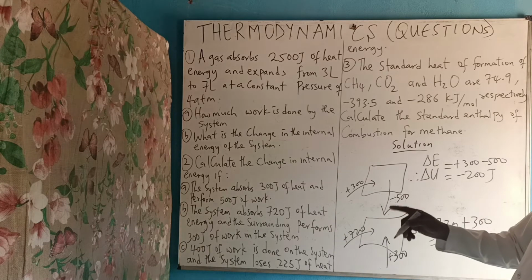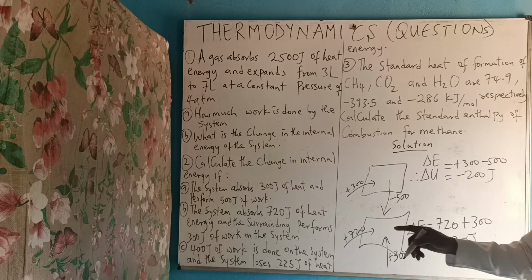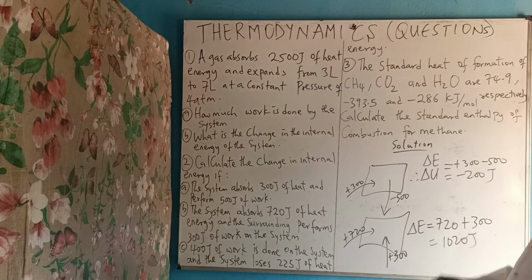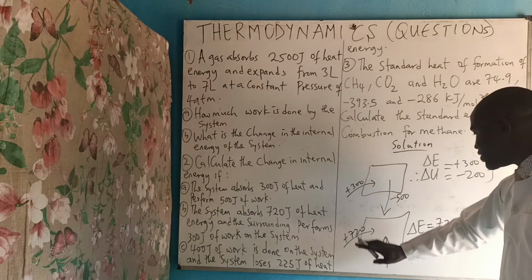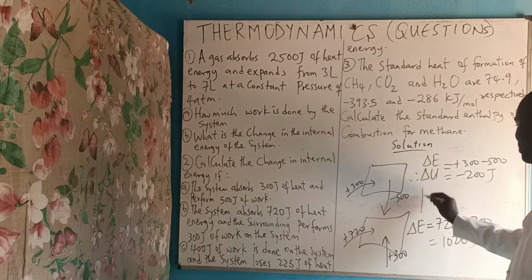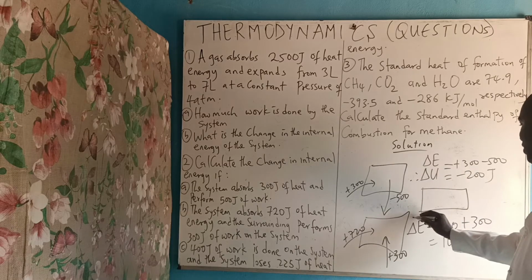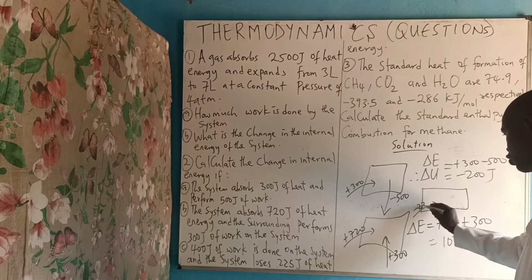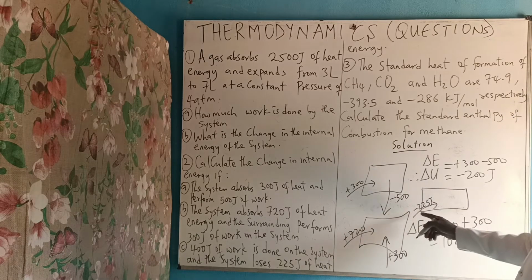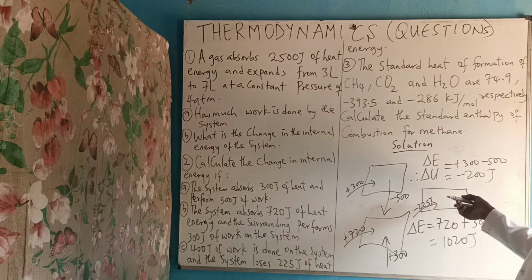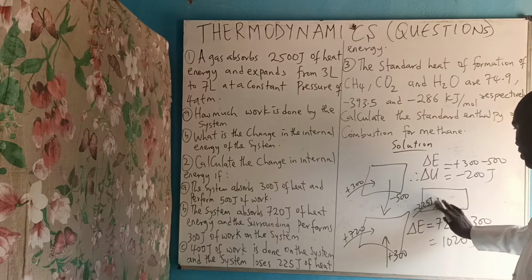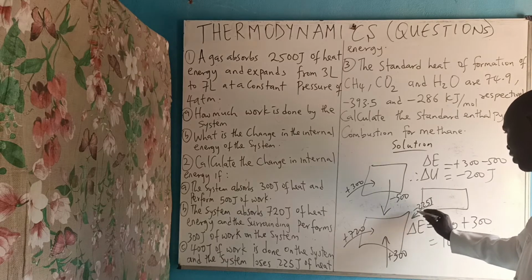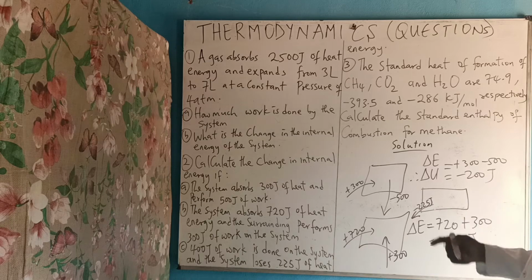If 400 joules of work is done on the system and the system loses 225 joules of heat. Now for question number C, this system is losing 225 joules. It's losing energy, so the arrow should be out. It's losing heat.